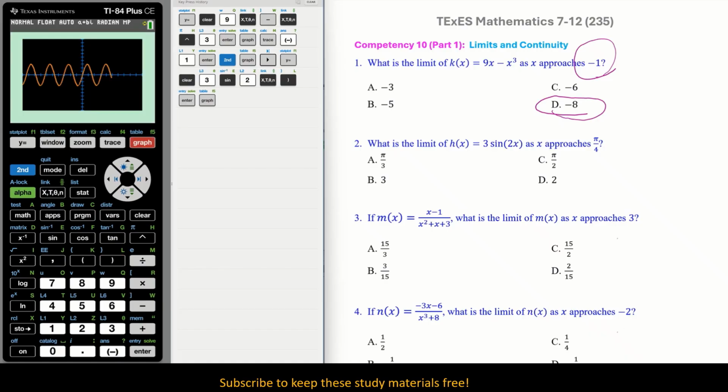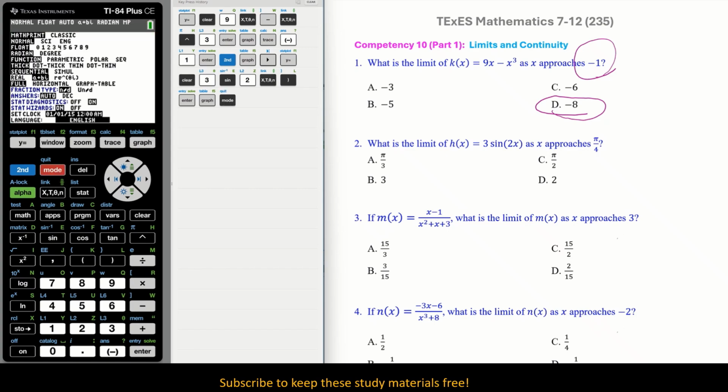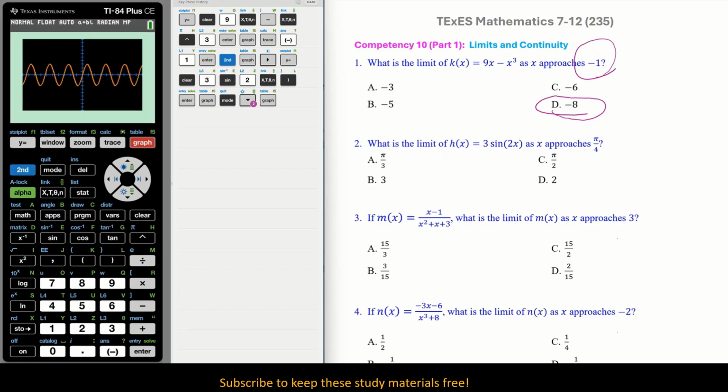It's graphing good. Now, if yours is a straight line and it looks odd, this is what you need to do. Go to mode and go down and make sure you're on radians. If you are not on radians, your trig won't work automatically. So we'll go back and we'll graph.